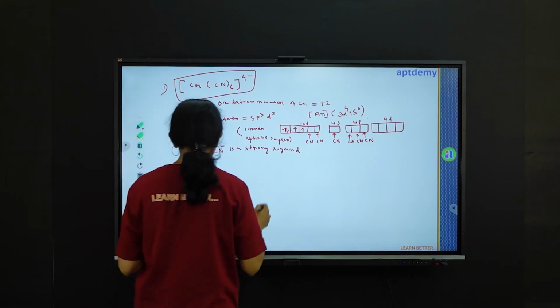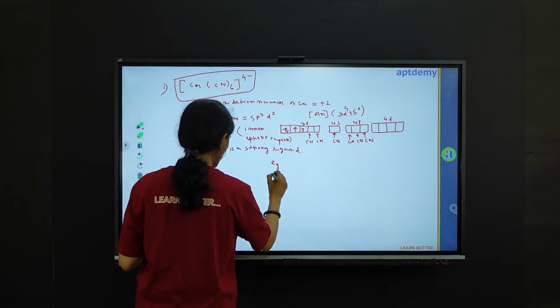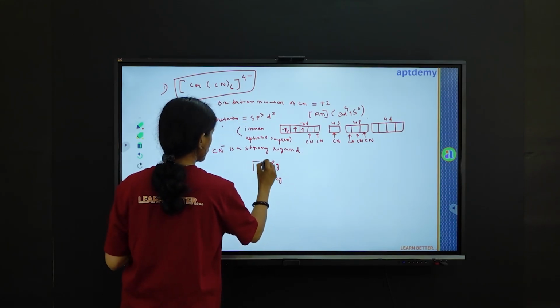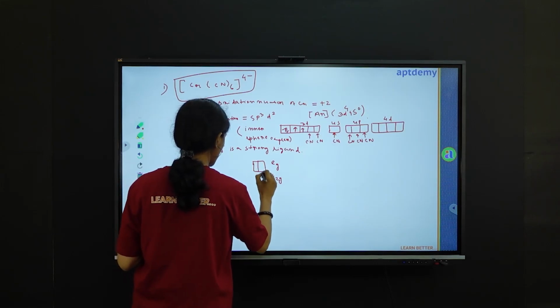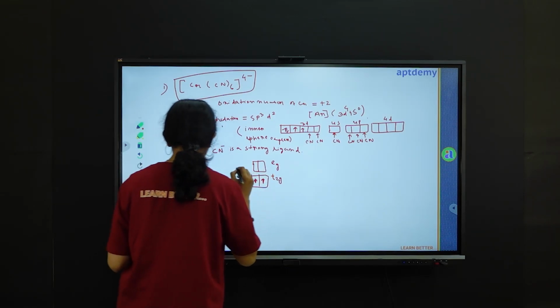Now we will fill the Eg and T2g orbitals. So Eg will remain empty and our T2g will contain 4 electrons, right?